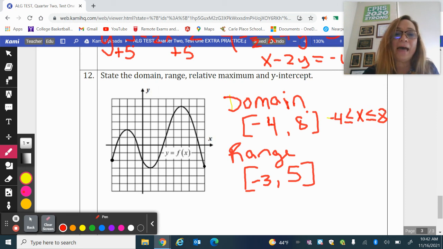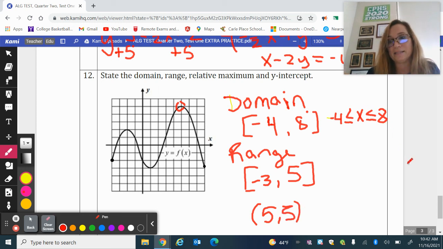All right, the relative max would be this point right here. So I know the y is 5. 1, 2, 3, 4, 5. So it's 5, 5.